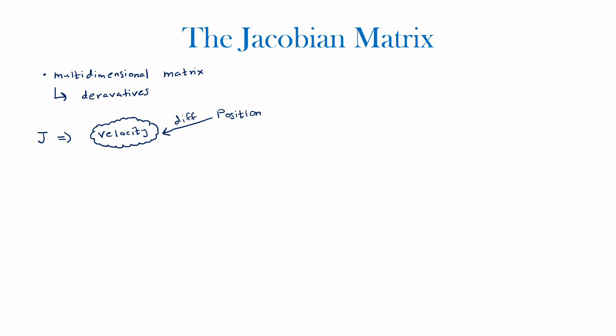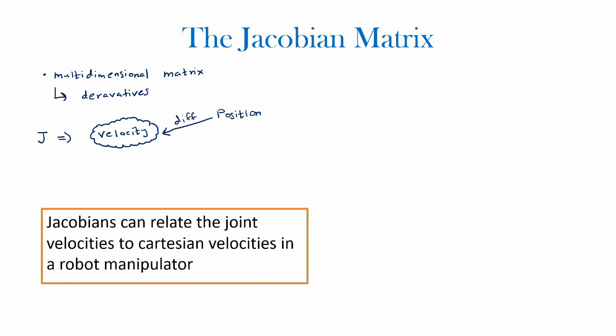Right, and let's have a look at the definition of the Jacobian. So the Jacobian can be used to relate the joint velocities to the Cartesian velocities in a robot manipulator. So let me show you this in an equation format so it would be easy for you to understand.